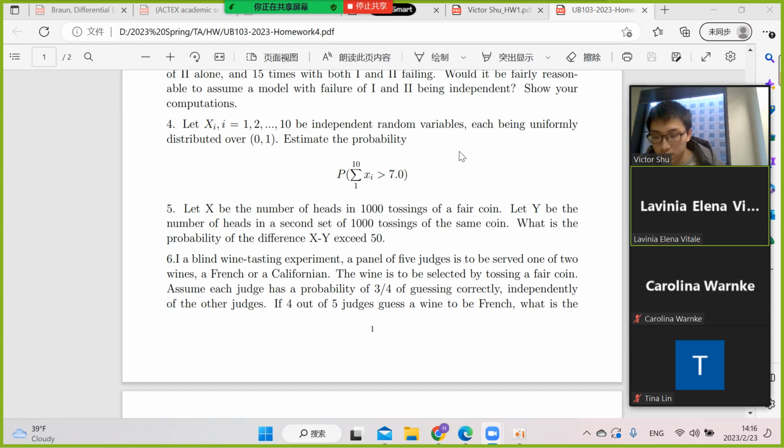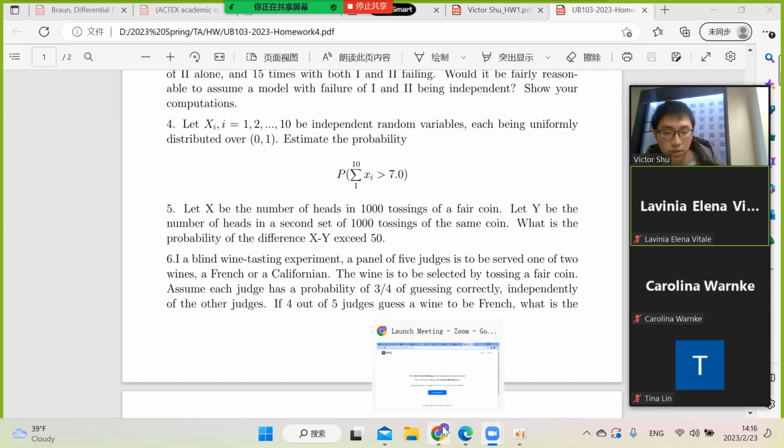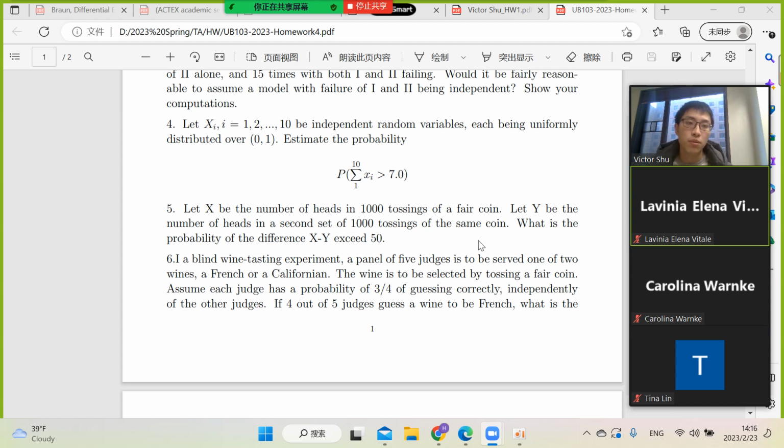Could you repeat that last equation, please? The last equation is when you have two random variables, a and b, given that a and b are independent of each other, then the variance of a minus b or a plus b, they are actually the same in terms of variance.